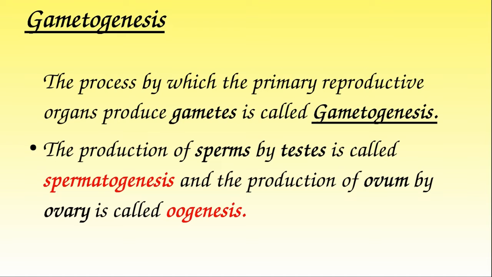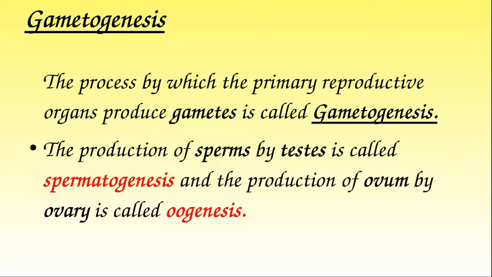Now here comes gametogenesis. You know what is gametogenesis? Yes, the process by which the primary reproductive organs produce gametes is what is called gametogenesis. You know what are the primary reproductive organs? The testes in males and ovaries in females.